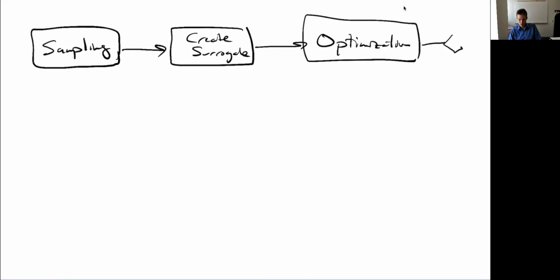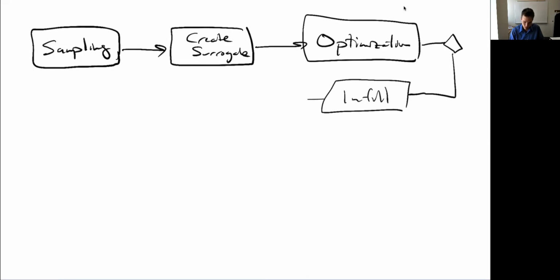And we're going to check for convergence. And if not, we're going to do what's called infill, meaning we're going to sample another point or points perhaps, rebuild the surrogate, and repeat this process again until we're done for some sort of convergence criteria.